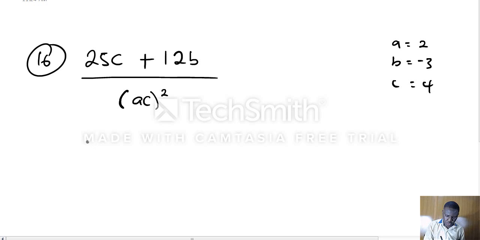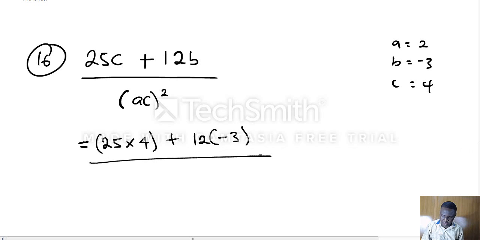When you substitute, this is going to be 25 times C, which is 4, plus 12 times B, which is minus 3, divided by A times C, which is 2 times 4, all squared.